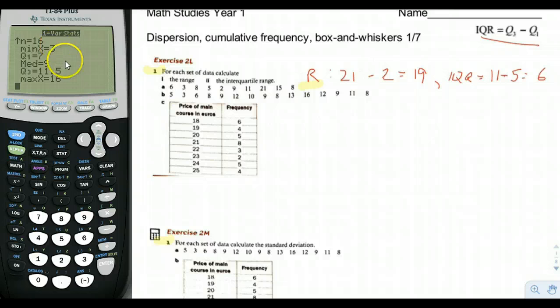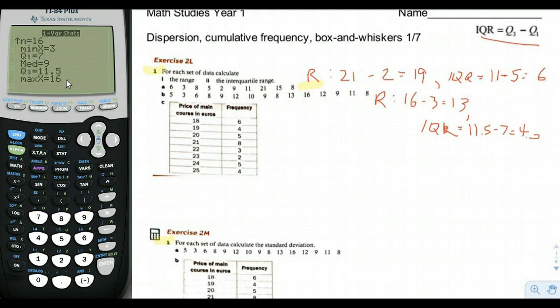So the max minus the min would be 16 minus 3, which would be 13. And the IQR would be equal to Q3 minus Q1, so 11.5 minus 7, which would be 4.5.